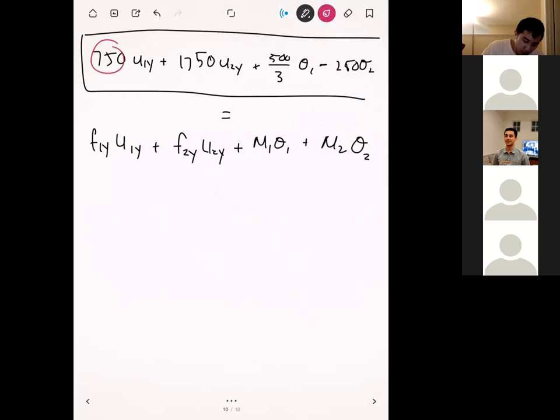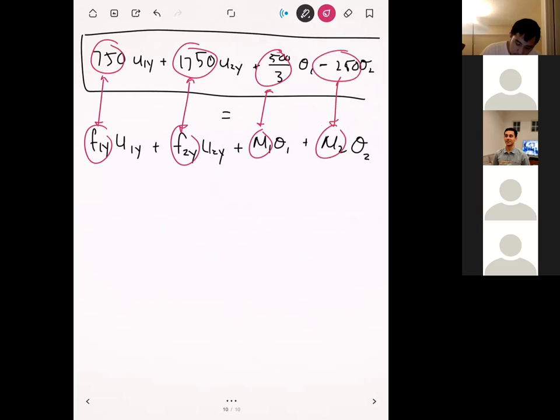Because their coefficients are the same, we can make these equivalences here. And so in the end, now we have expressions for F1y, F2y, M1, and M2.